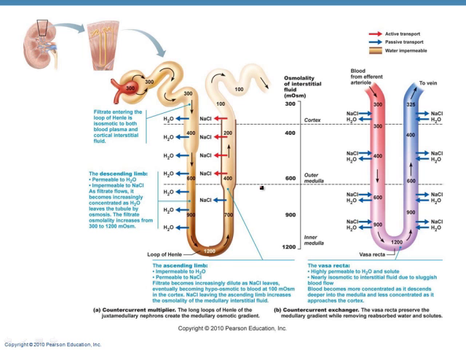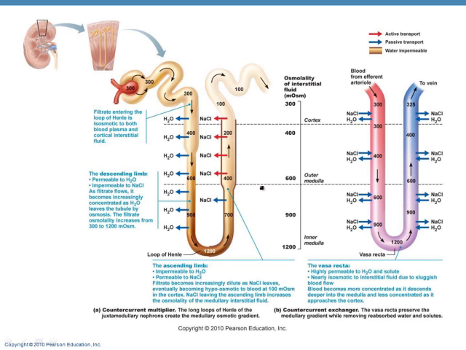We see a shift at the vasa recta region of these peritubular capillaries, which will then shoot everybody into one of the major veins that leaves the kidneys. So, the vasa recta is highly permeable to water, so we're going to have the ending water balance happening pretty much at that point, and to solutes.